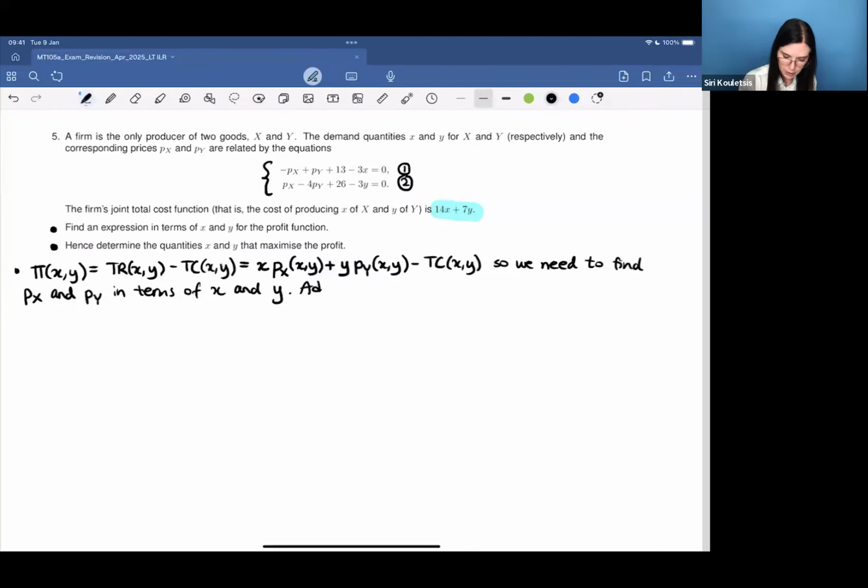You're adding, the px's vanish, and you get the following equation. And then we make py the subject. So that's what I'm going to do below now.